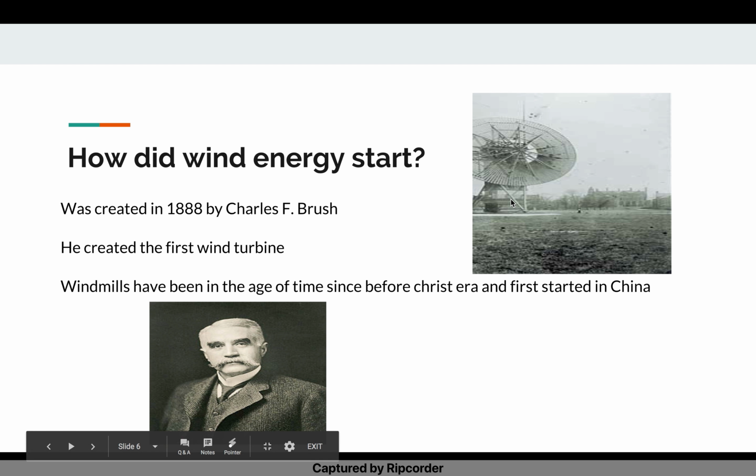So if you look at this picture in the right corner, you can see what the first wind turbine looked like. It was very big, but it wasn't that tall, and the propellers weren't really all there, so it only lasted about 10 years until it broke down.